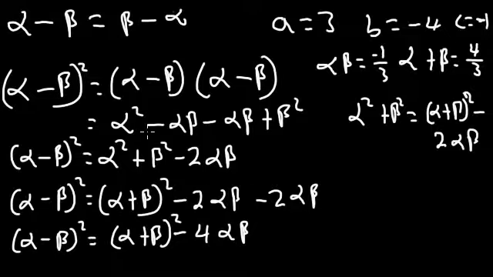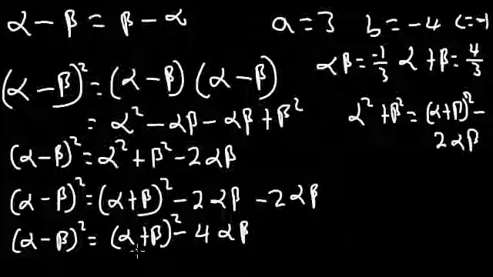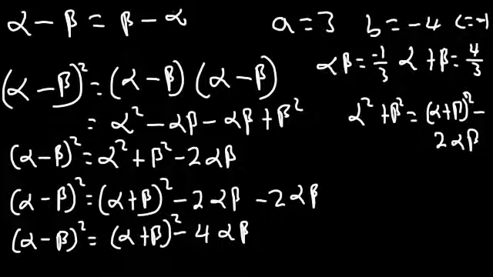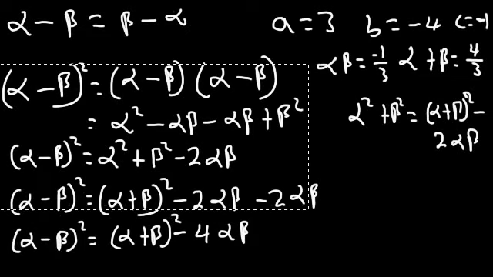Now, the goal is still to solve for alpha minus beta. Notice that what we now have at the right hand side is in such a way that alpha beta and alpha plus beta can be substituted for it. Then why don't we just take the root of both sides in order to have alpha minus beta stand alone?